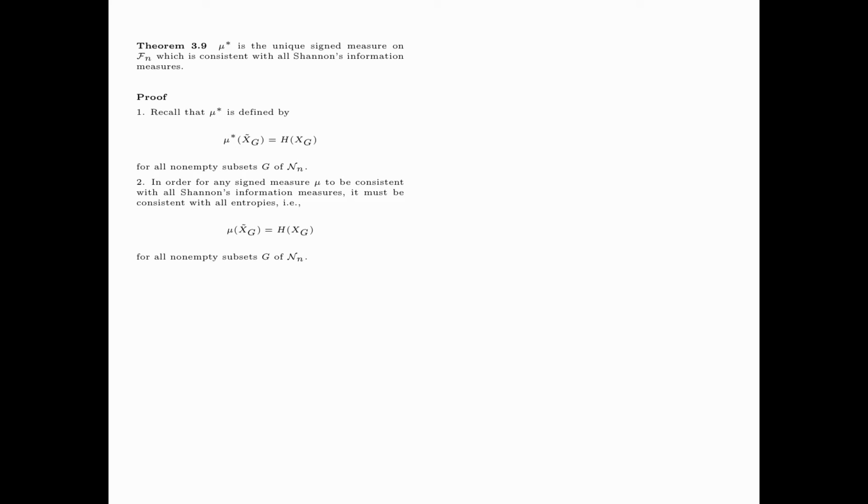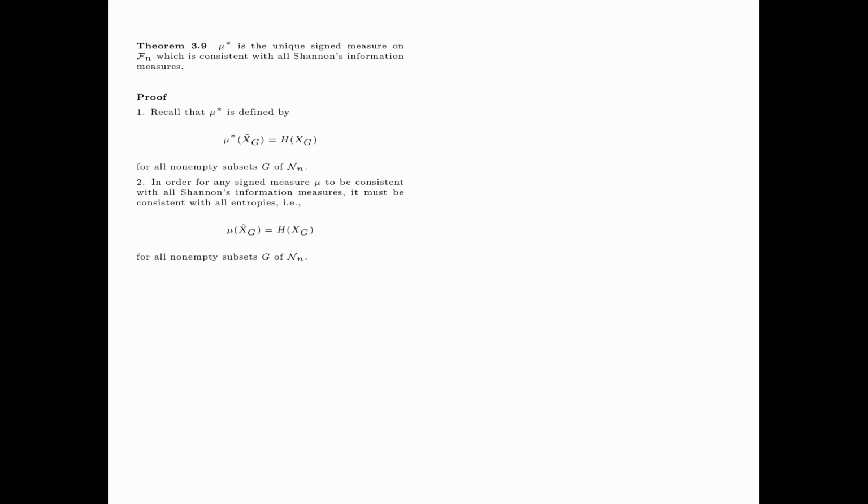We now prove Theorem 3.9. First, recall that the I-measure μ* that we have constructed is defined by μ*(X̃_G) is equal to the entropy of X_G for all non-empty subsets G of the index set N. In order for any signed measure μ to be consistent with all Shannon's information measures, it must be consistent with all entropies.